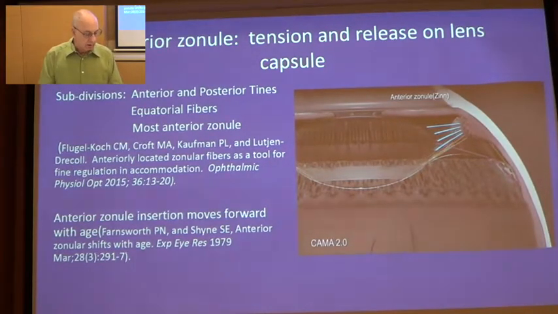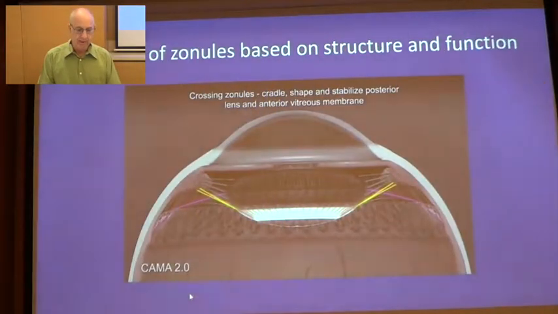And there's also equatorial fibers, which have been debated whether they exist or they don't, but they are there. Not always, but many times equatorial zonules are seen. In addition, there are specialized proprioceptive fibers, which are called the most anterior zonule.